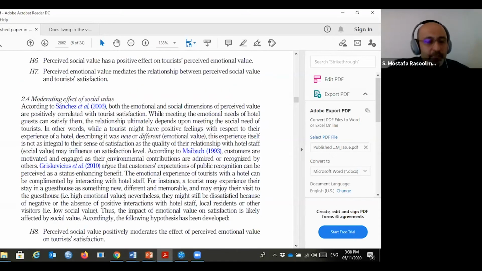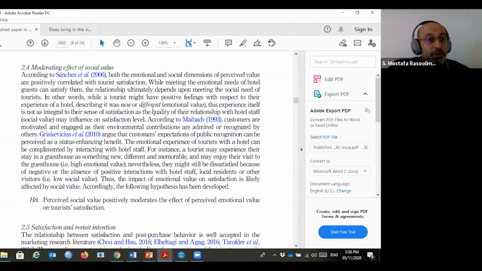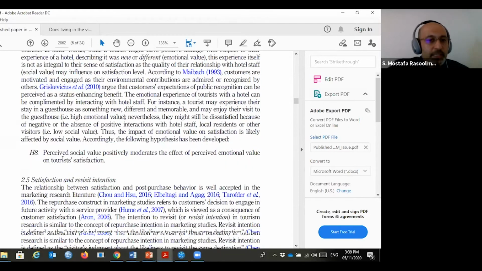Before we explain why social value moderates the relationship between emotional value and satisfaction, this is the hypothesis: perceived social value positively moderates the effect of perceived emotional value on satisfaction.